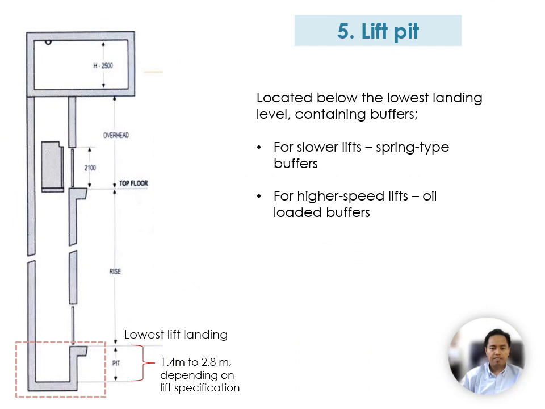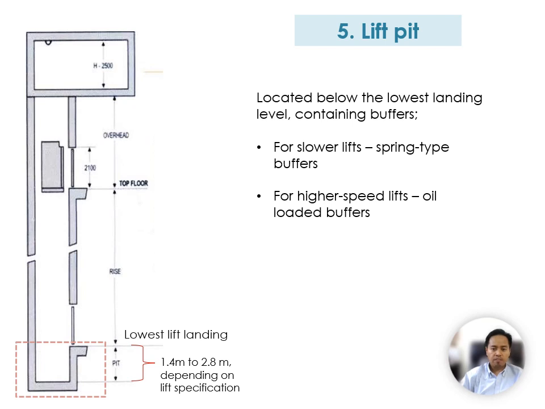Number 5, lift pit. At the bottom of lift shaft, there will be a place where we call lift pit. As the name suggests, it's located below the lowest landing level, containing the lift buffers. Well, what is the purpose?